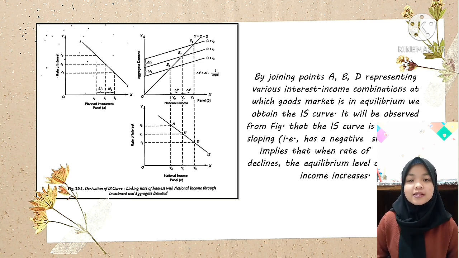Thus, in panel C, at the bottom of the curve, the level of national income OY1 is plotted against the rate of interest OR1.